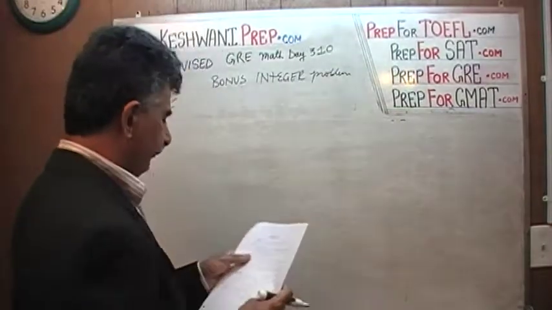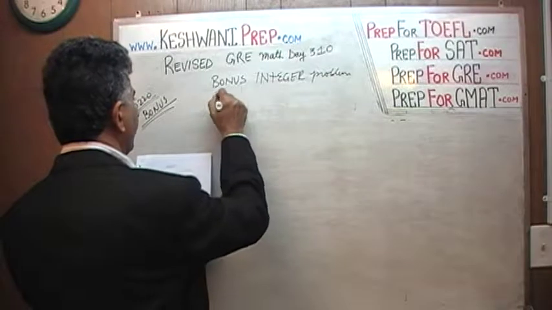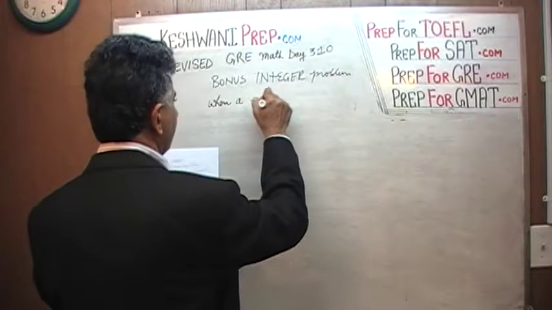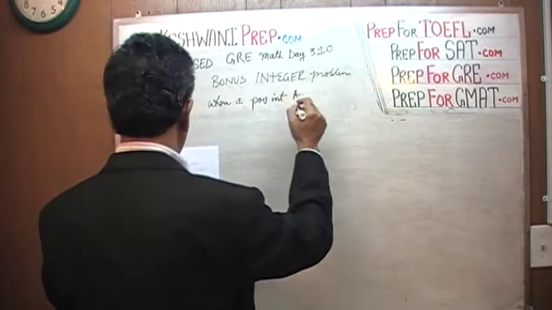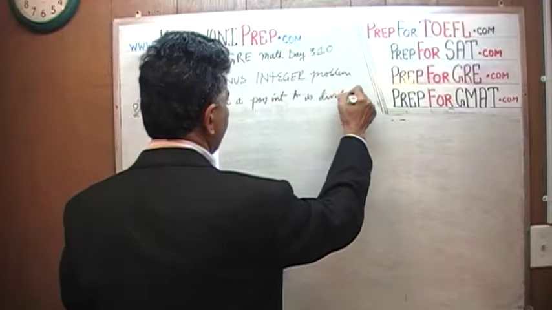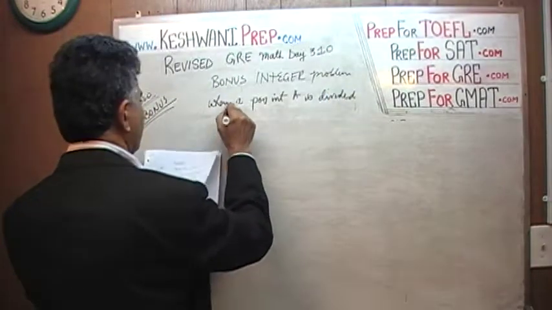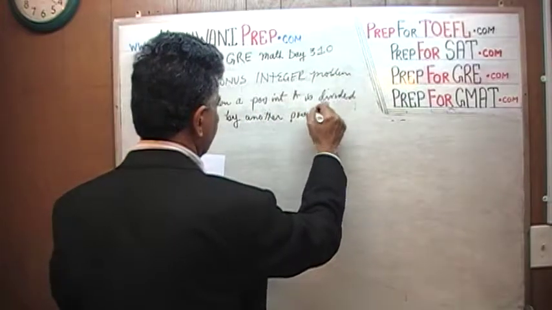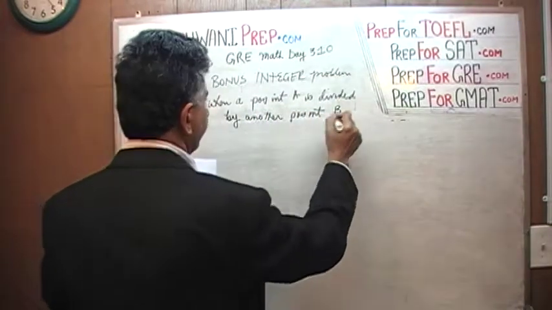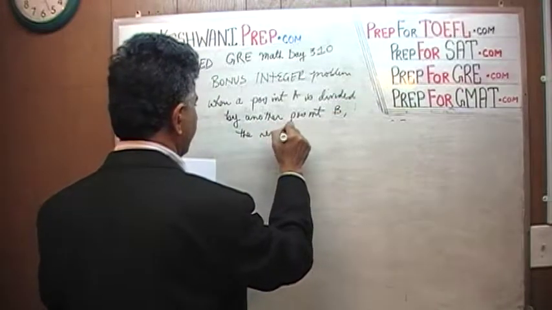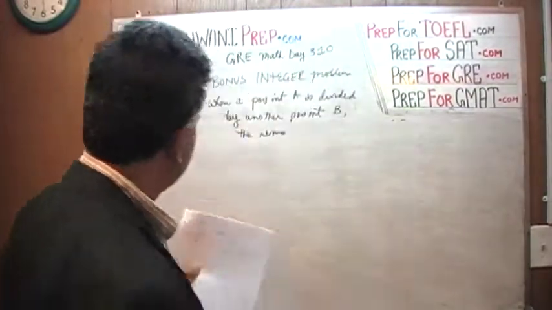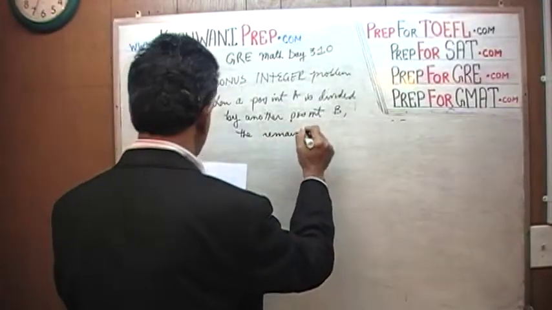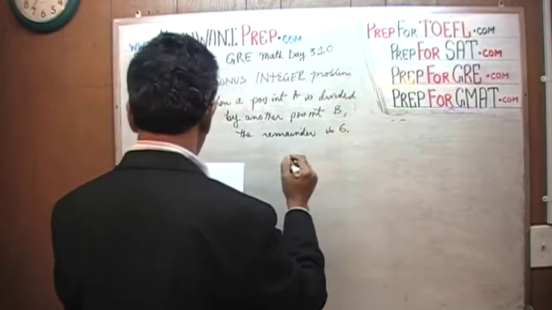Here's how it goes. It says, when a positive integer a is divided by another positive integer b, the remainder is 6.